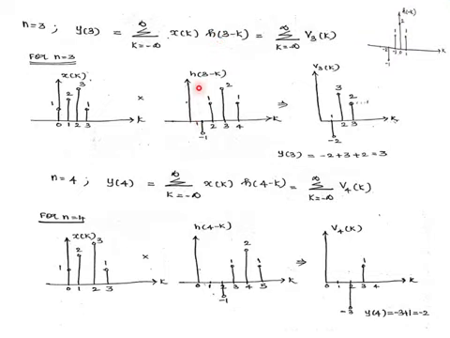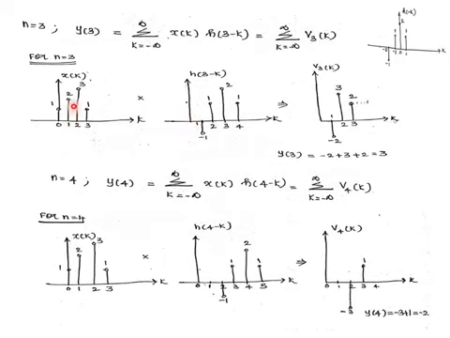Now once we obtain this h of 3 minus k, we have to multiply these two sequences. Again, looking at the common values here, the instances at k is equal to 1, 2, 3 are common for both, and if I multiply the amplitude values at k is equal to 1, 2 and 3, we'll get this v3 of k. See here, at k is equal to 0 it has a value, whereas this signal doesn't have any value, it will be 0.